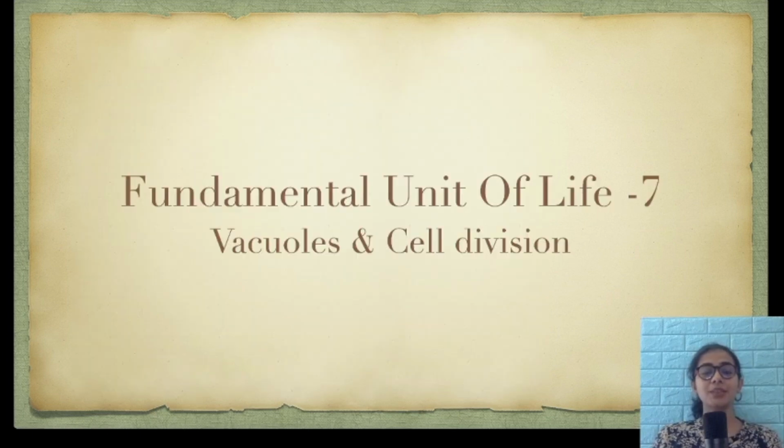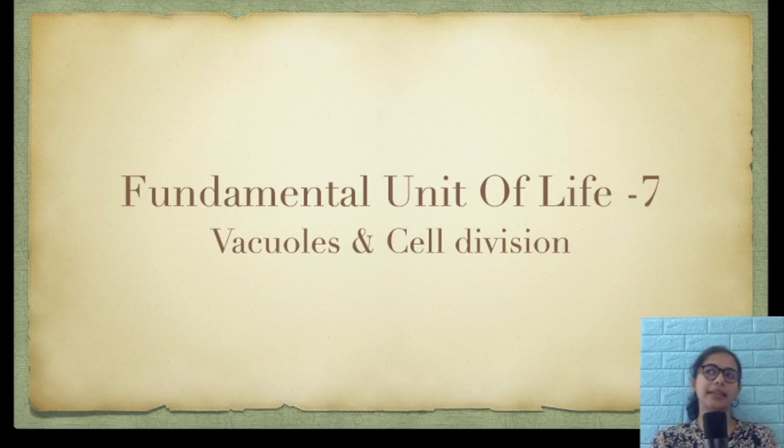So that concludes our chapter, the fundamental unit of life. And in this lesson, we have covered the vacuoles and cell division. We have seen the structure of vacuoles in plant and animal cells, and we have learned their significance in both plant cells and unicellular animals, right? In plant cells, it helps in keeping the turgidity of the cell, and also helps in the storage of many organic compounds.